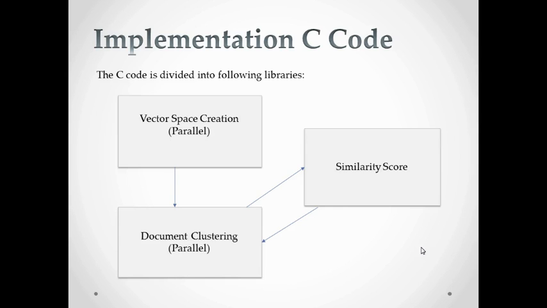Once the vector space creation is done, these are sequential processes. You can do document clustering only once vector space creation is done. And once that is done, document clustering uses the similarity score library to find cosine similarity in order to find the distance between the document being processed and the centroid of that particular cluster.